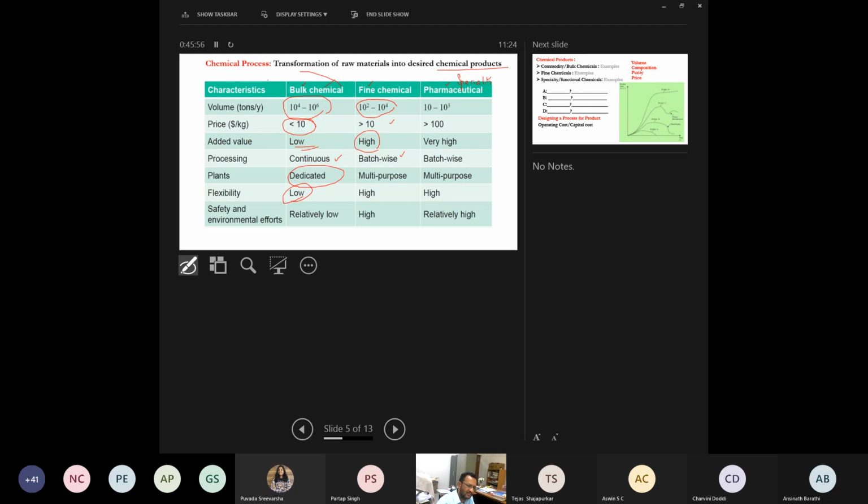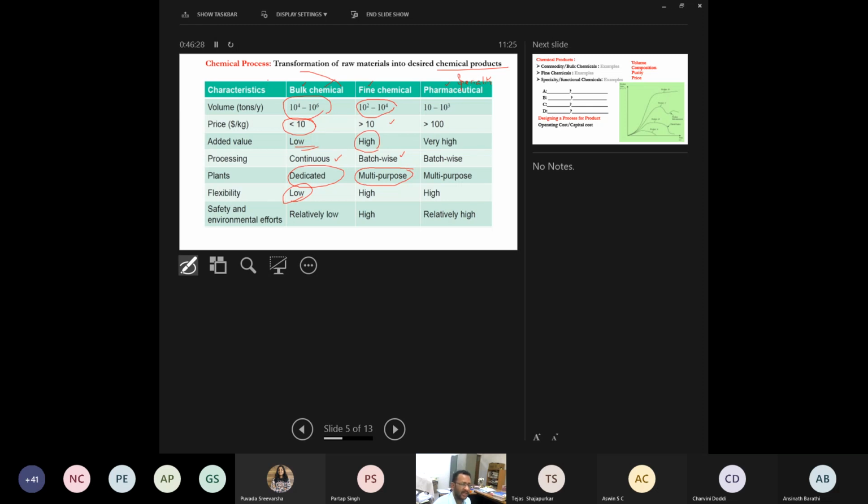Since they are batch wise, the plant can be operated for multiple purposes. Batch wise means if you have 2, 3 or 4 reaction vessels, you will operate 1 or 2 at a time. The other 2 can be on standby or used for some other purpose. If you have 2 different processes in the plant, you can use those vessels for the other required purpose also.